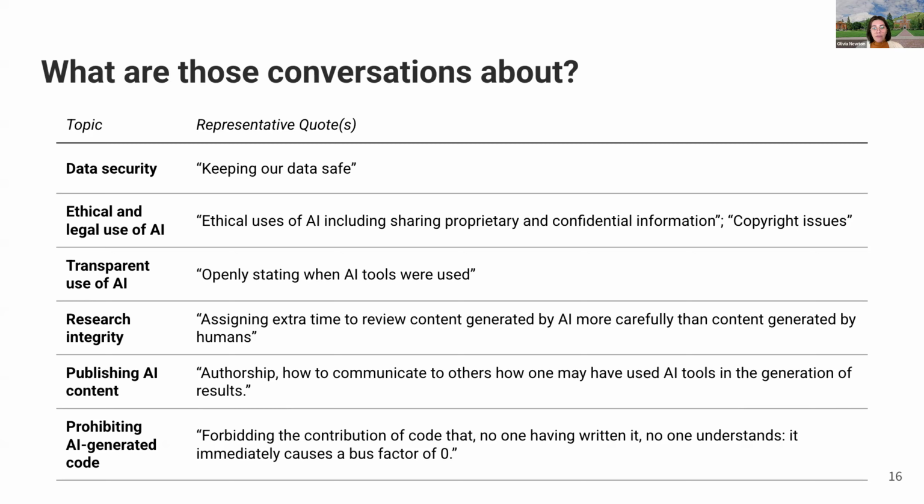And then at the far end, there are some policies which are strictly prohibitive. For example, forbidding the contribution of code that no one having written it, no one understands it, it immediately causes a bus factor of 0.